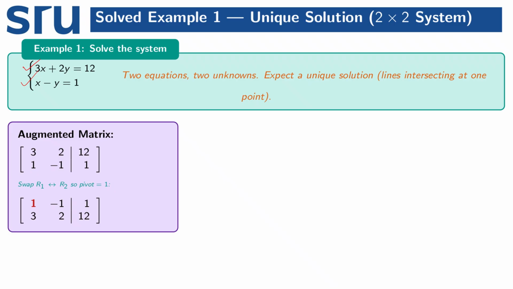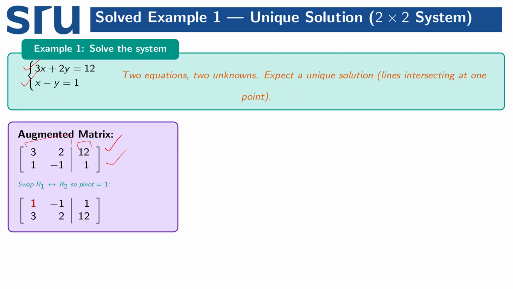So the matrix reads as 3, 2, 12 in the first row, 1, minus 1 and 1 in the second row. The left hand side part of the matrix has the coefficients, and this one column has the constants.